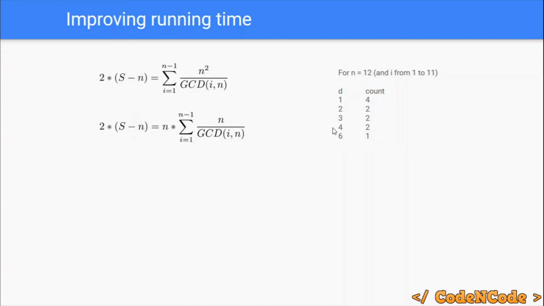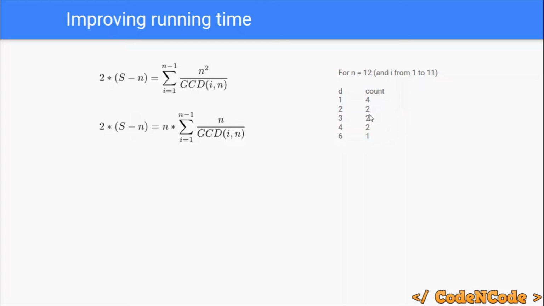Now see here, what I'm showing you is how many numbers from 1 to 11 have GCD 1 with 12, and there are 4 numbers: 1, 5, 7 and 11. These are the numbers which have GCD 1 with 12. So there are 4 numbers which have GCD 1.